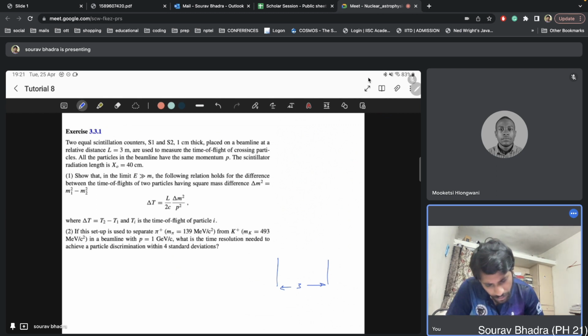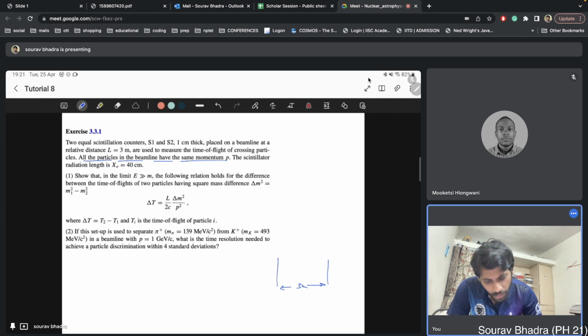Okay, so as I told you, it is separated at a distance of 3 meter, and then all the particles in the beam line have the same momentum p. Okay, so this has been given, which is relevant for us to solve part one.